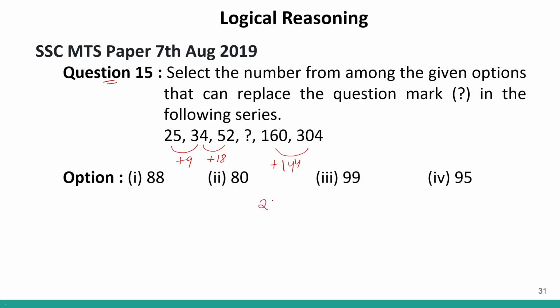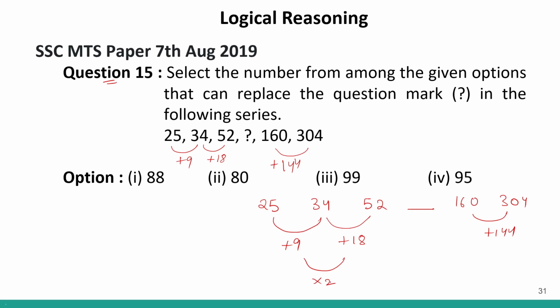So what I'll do is I will write my numbers like this. 52, then we have to find the missing number, and 160 and 304. Between this, the gap was plus 9. Between this, the gap was plus 18, and between this, the gap was plus 144. If I look at 9 and 18, I can say this is multiplication by 2. Correct? So let us see, if I multiply 18 by 2, the next term will be 36.